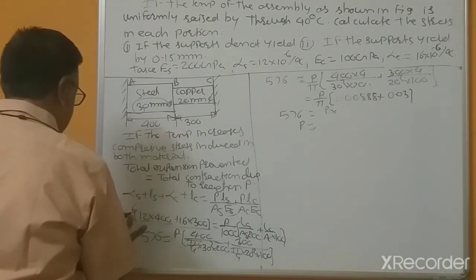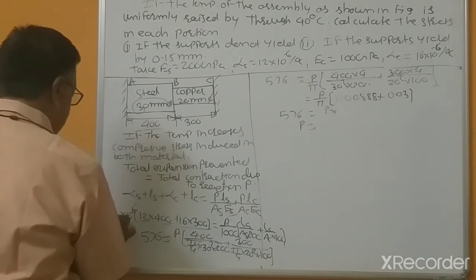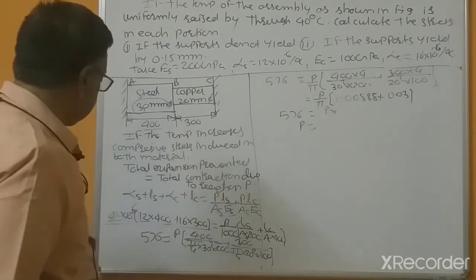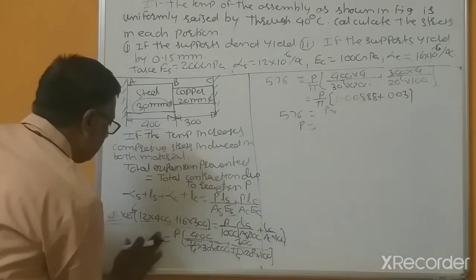Otherwise, we will consider 40 as it is. Make corrections.